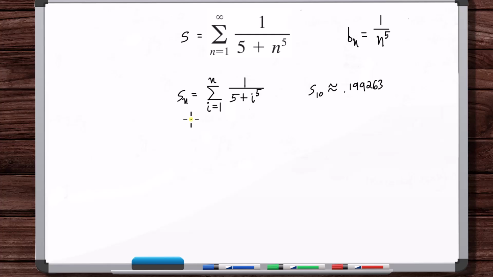Now, when it came to the limit comparison test, I don't think it was a requirement that the B sub n had to be greater than the A sub n. In a lot of cases it was, because you went from the general comparison test to the limit comparison test with a B sub n that was always greater than the A sub n. But if for some reason you used the limit comparison test and you didn't have a B sub n that was always greater than the A sub n, then you couldn't use this method.